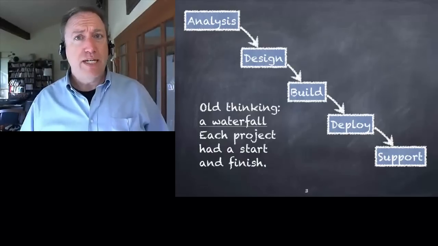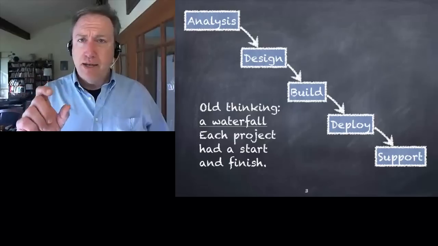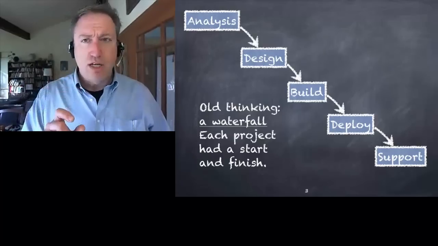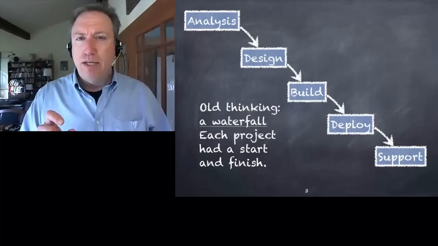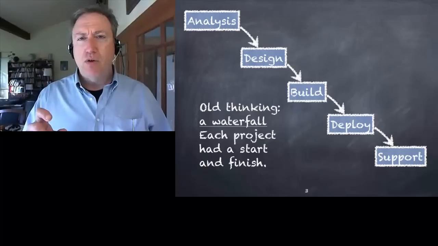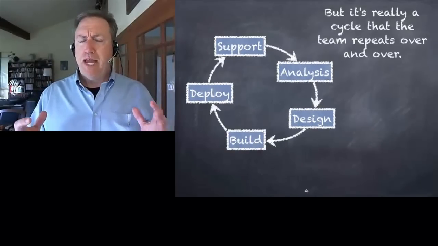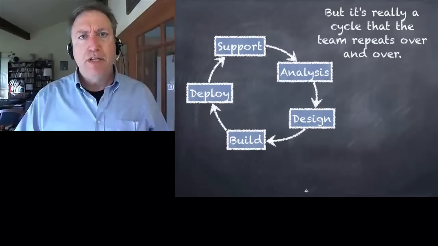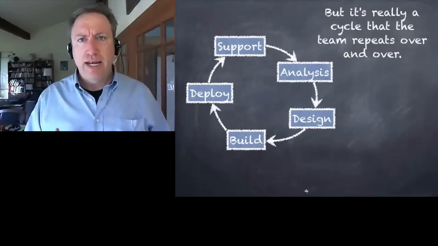So we realized we needed to break it up into smaller chunks. And more importantly, we needed to think about this whole process as a cycle. It's something you do over and over again.